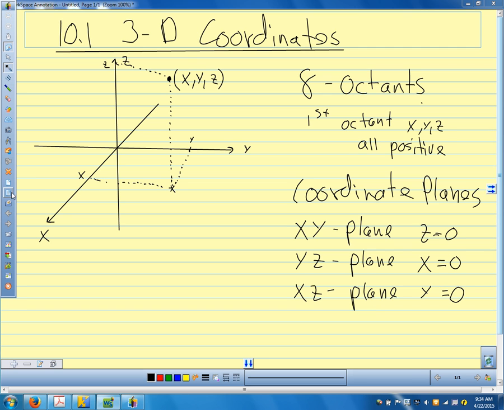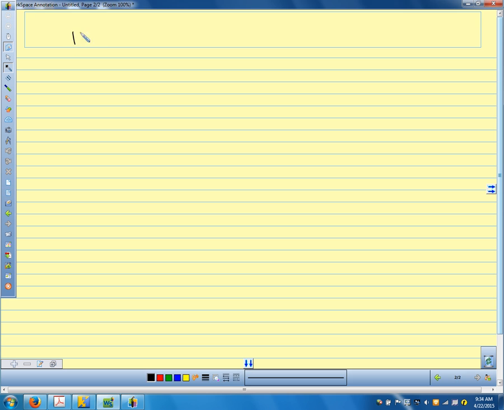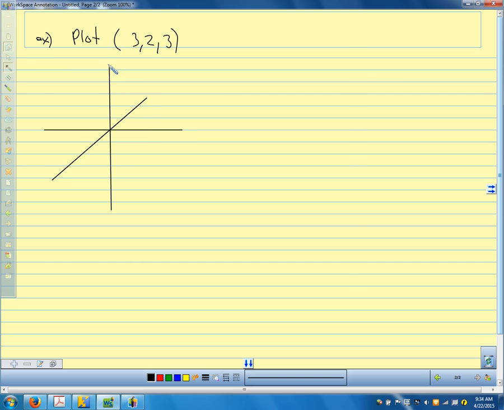Okay, let's plot some points. Just a little bit of practice plotting points in 3D. So 3, 2, 3. Here are my axes. There's z, y, and x.